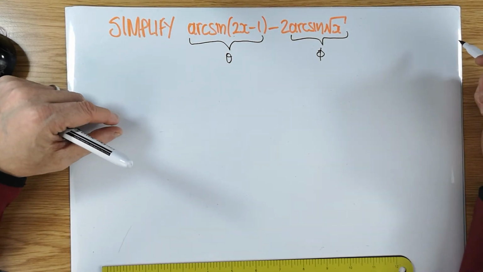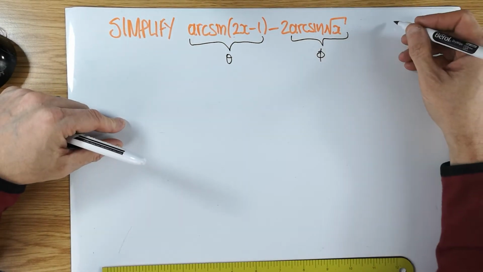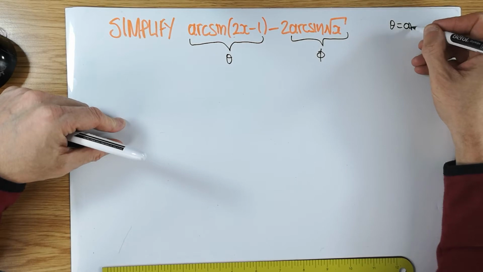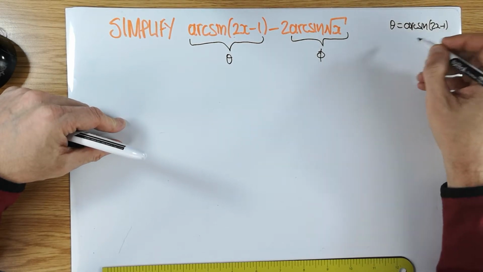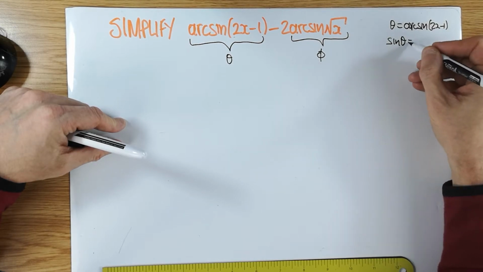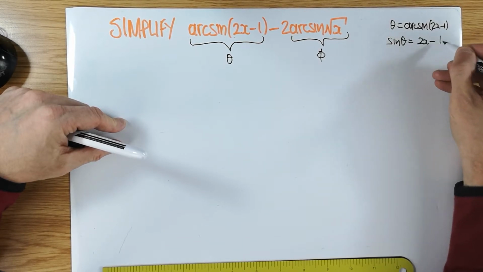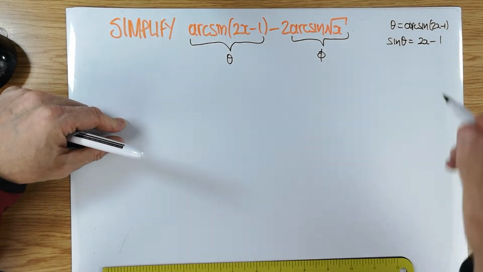The first thing we need to do: if we call theta the arcsine of 2x minus 1, then quite clearly the sine of theta will be equal to 2x minus 1. And what else can we say?